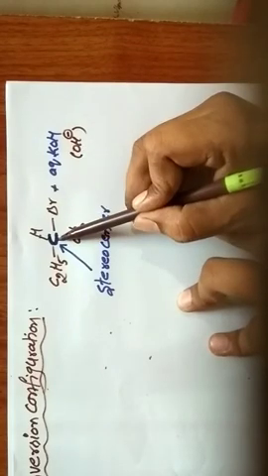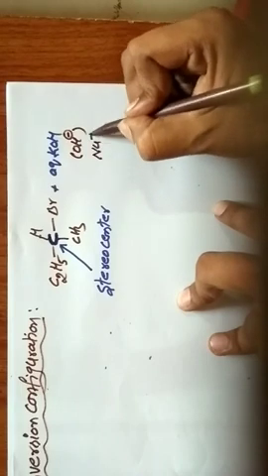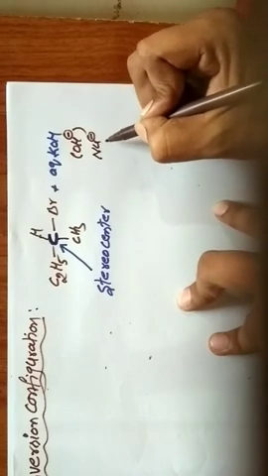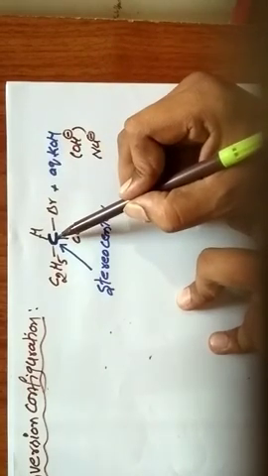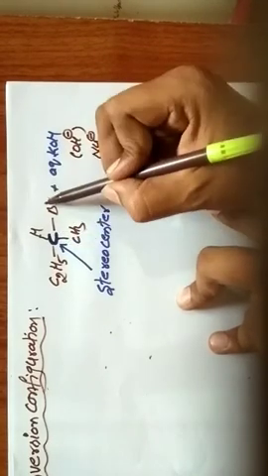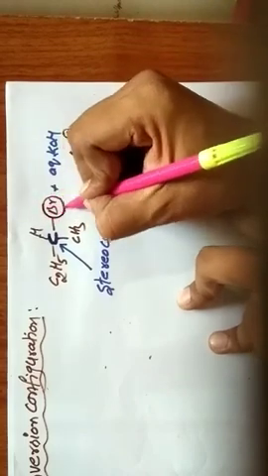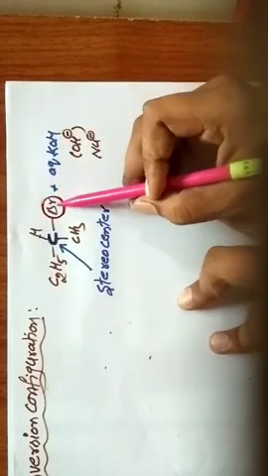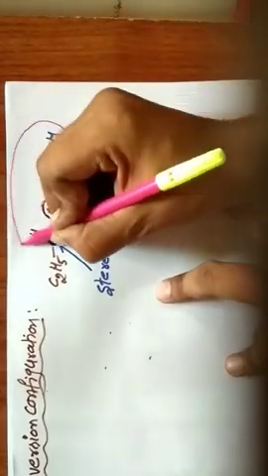This OH minus ion acts as a nucleophile, as we discussed in chemical properties. This nucleophile attacks the stereocenter from the side opposite the halogen atom, like this.